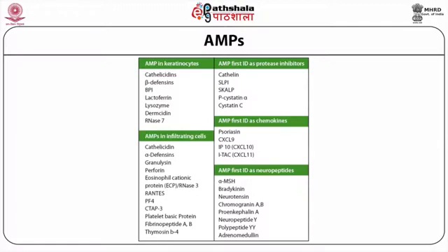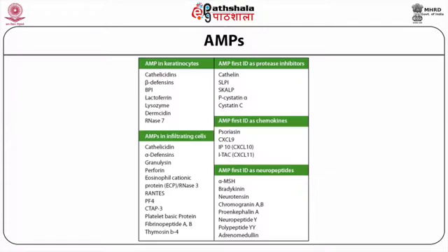Similarly, we have AMPs in infiltrating cells which are mentioned. Cathelicidins and alpha defensins again figure on this list, but we also have perforin and platelet basic protein and fibrinopeptide A and B.